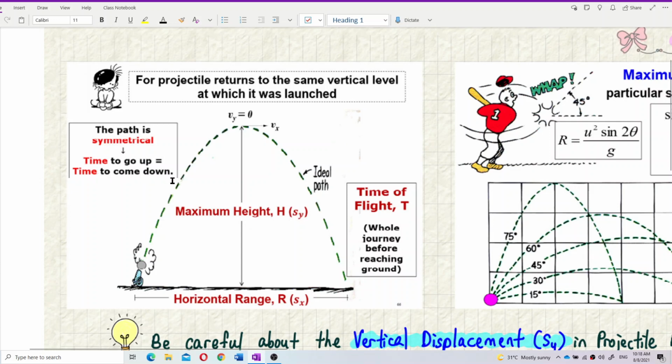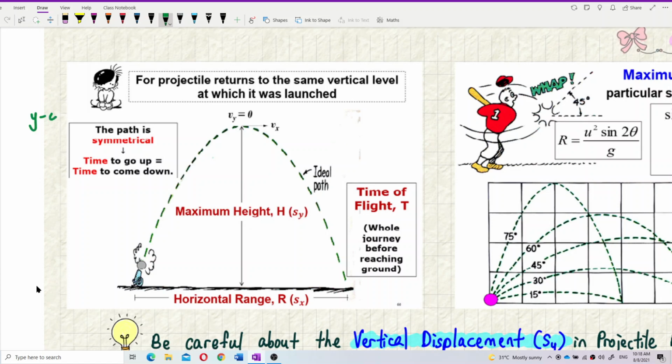So look at the vertical motion. The vertical motion is actually the free fall motion. I'm talking about the y components. The y component is actually a free fall motion. You see?